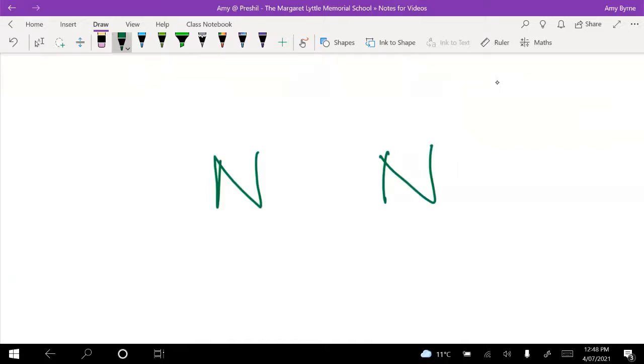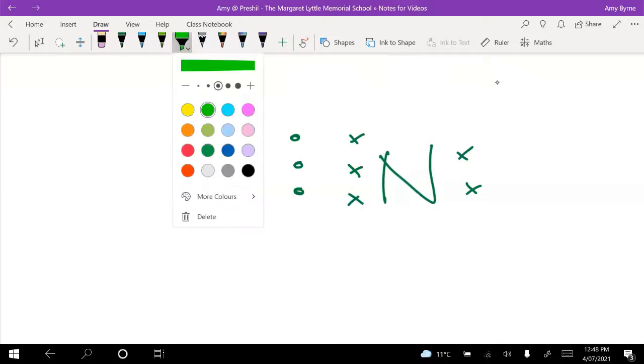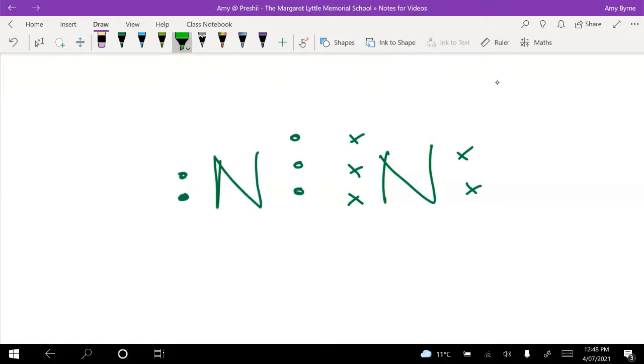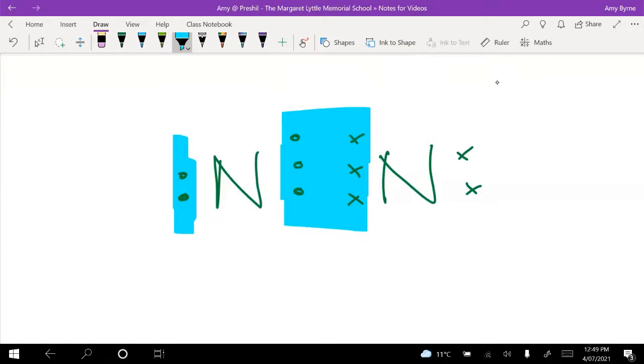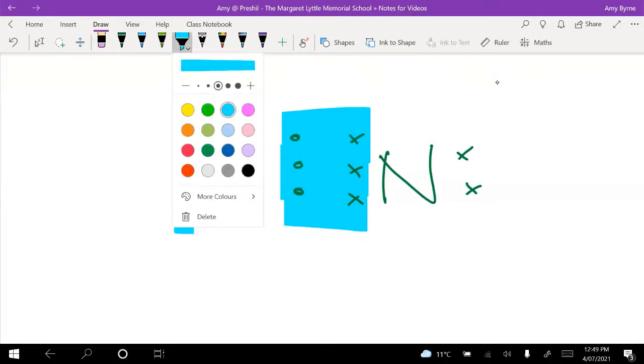So, sorry, if I've got 1, 2, 3, and then 1, 2, 3, let's do our thing where we count up our electrons. My nitrogen on the left has 2, 4, 6, 8 electrons. So this guy is happy.